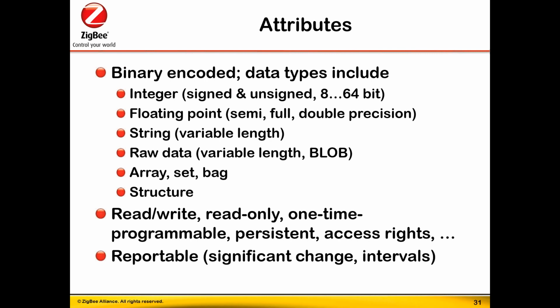Attributes persist. You can control the access rights. They are reportable, and that's one amazing thing about attributes. You can just set up a notification, or you can subscribe to changes to that attribute. Say, okay, if it changed by a certain amount, then just send an attribute report, or send an attribute report every 10 minutes, for example. Next slide.